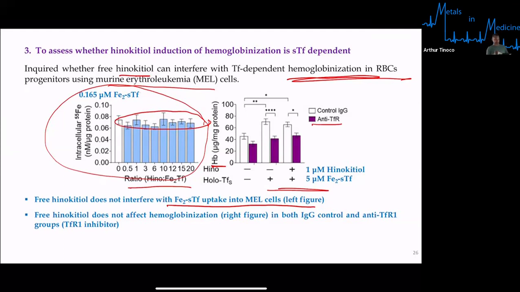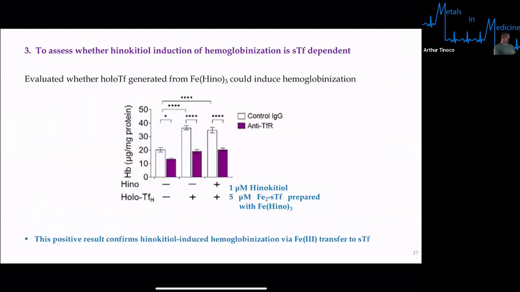So they do see that the antibody decreases the amount of hemoglobinization occurring, but the presence of the ligand has no effect whatsoever on this. The only thing affecting the amount of hemoglobinization is impeding iron transferrin getting inside the actual cells.